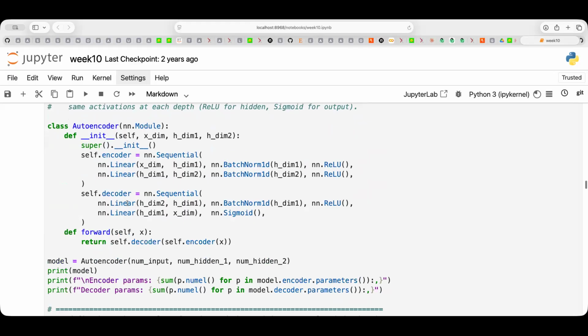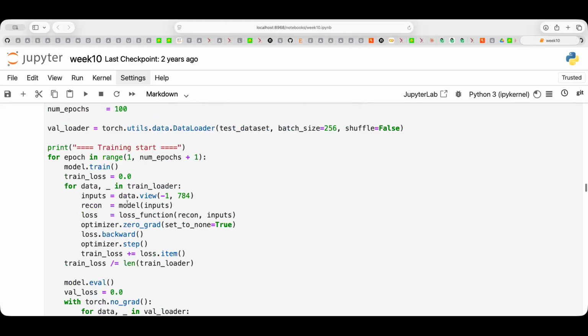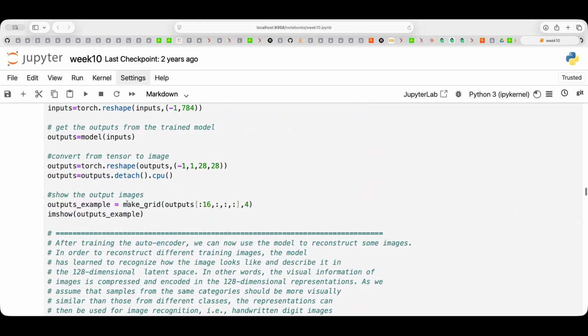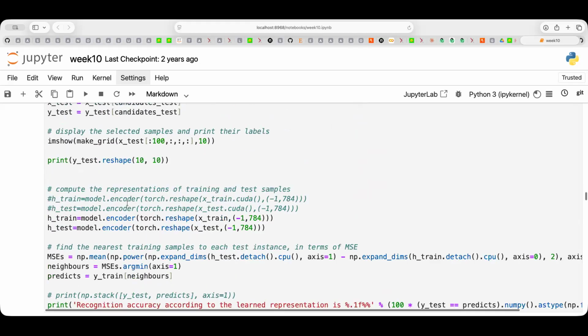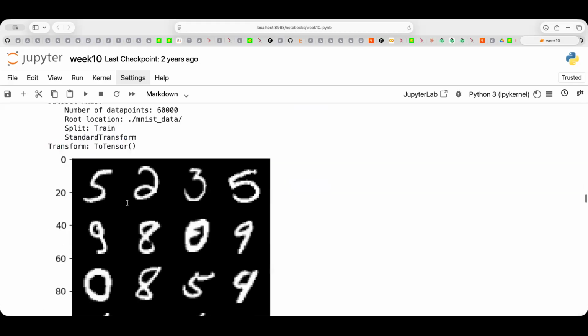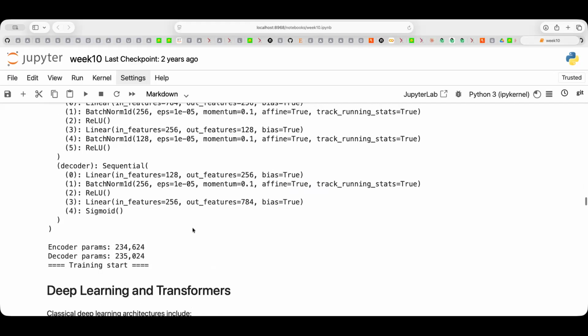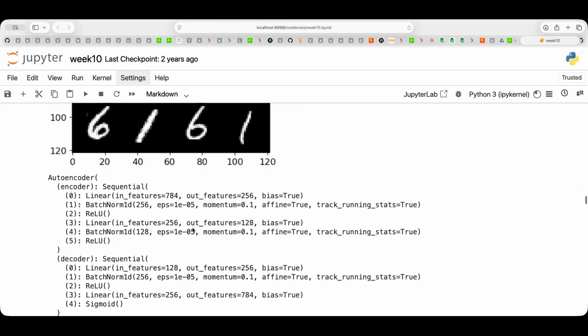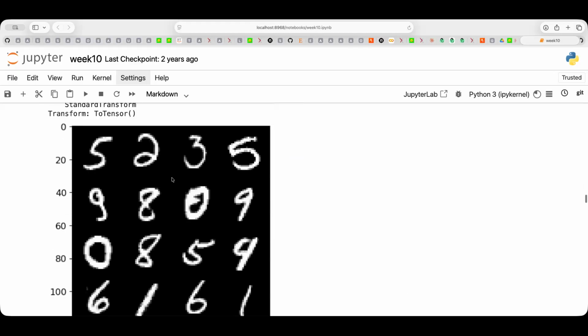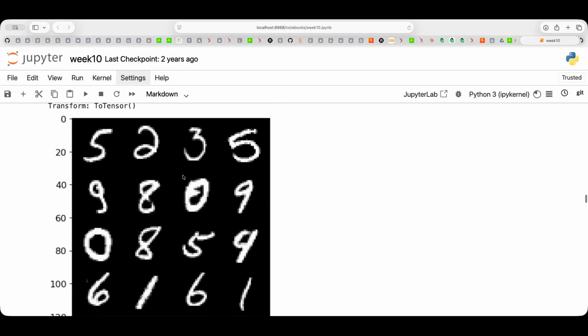And this does basically the same type of training as we saw before. So you can run it, and you can see the quality of the data which you get out, and the type of parameters which were used in this training. And this is the type of numbers which PyTorch gives, and you see that the numbers are pretty clear.